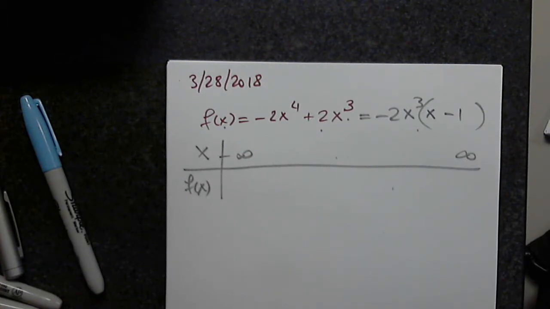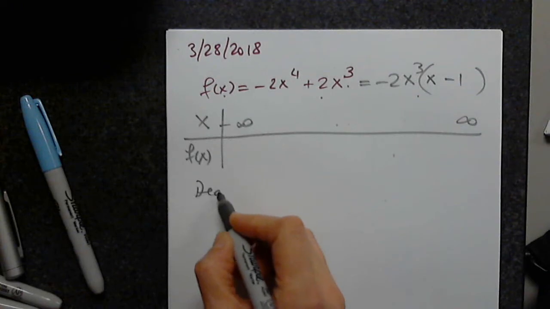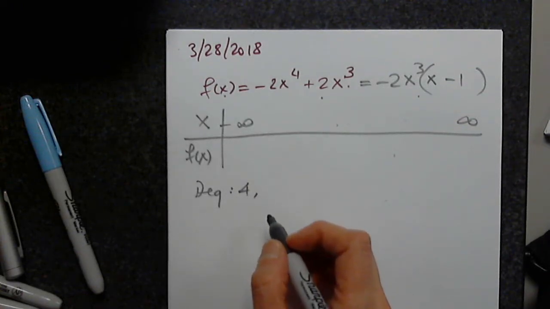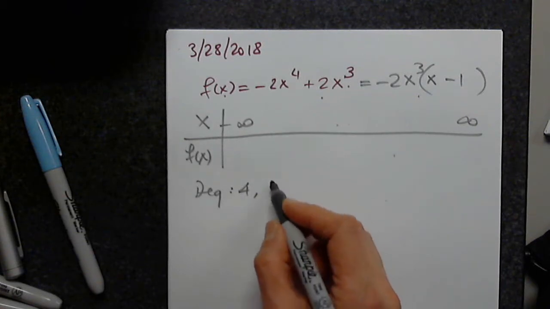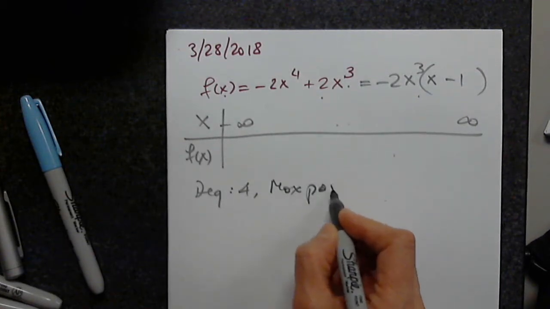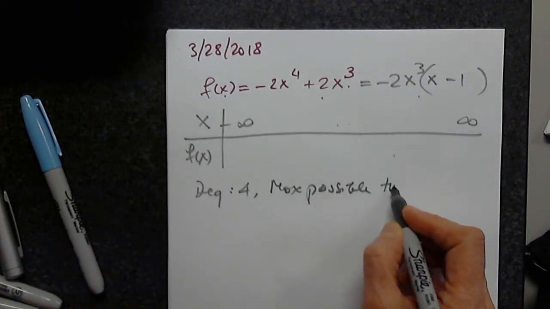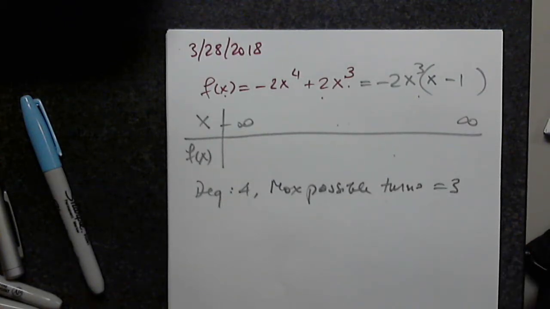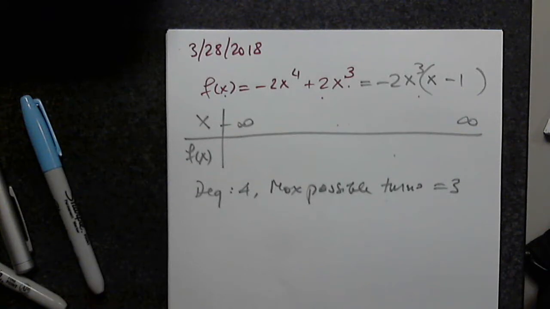Perfect. So what is the degree of this polynomial? 4. Maximum number of turns possible? 3. Very good. And to do that, you always subtract 1.